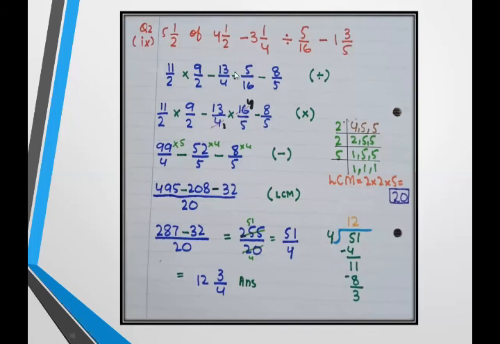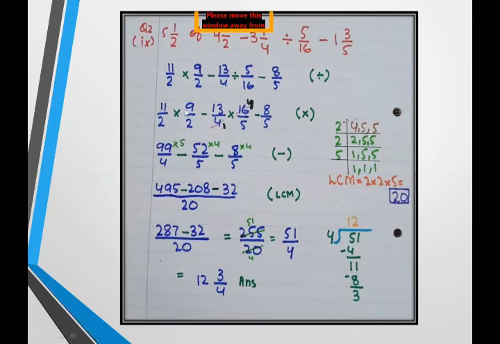First, convert the division into multiplication. When you convert division into multiplication, 5 over 16 becomes 16 over 5. So cancellation is possible in this. You can do 4 ones are 4, 4 fours are 16. And 13 and 5, cancellation is not possible, remains the same.